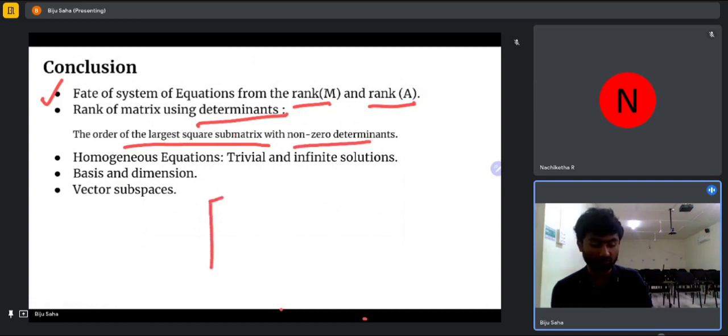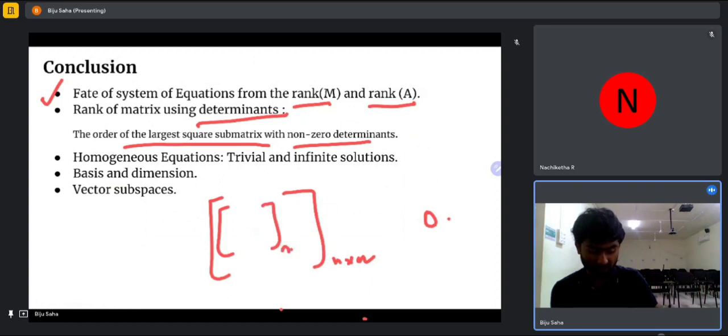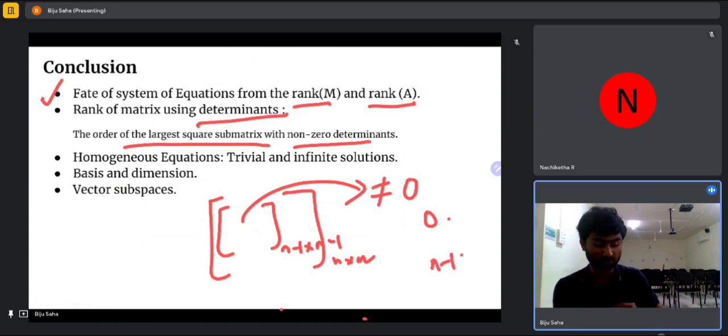Suppose you have an n cross n matrix and its determinant is 0, so you find another submatrix within it. Let's say you pick an n minus 1 into n minus 1 submatrix. If that has a non-zero determinant, then n minus 1 would be the rank of the total matrix.